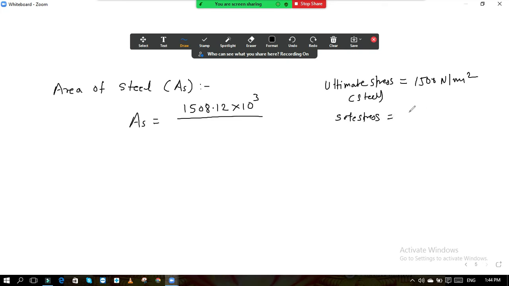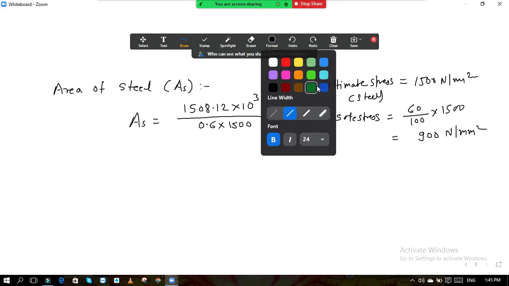Safe stress is equal to 60 by 100 into 1500, so it will be 900 Newton per mm square. This is your safe stress. Here I can write 0.6 into 1500, or directly you can write 900. Both the things I have shown over here.